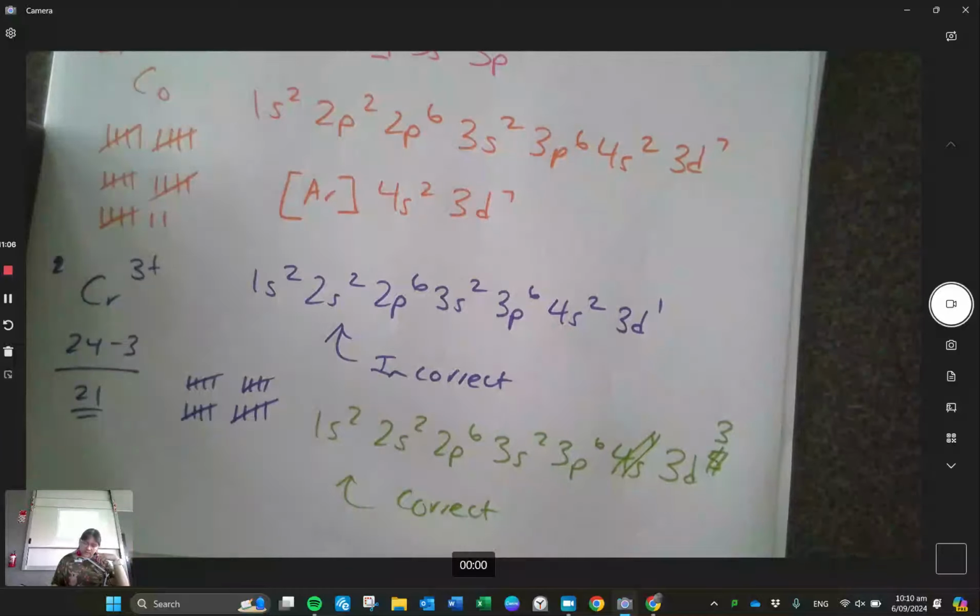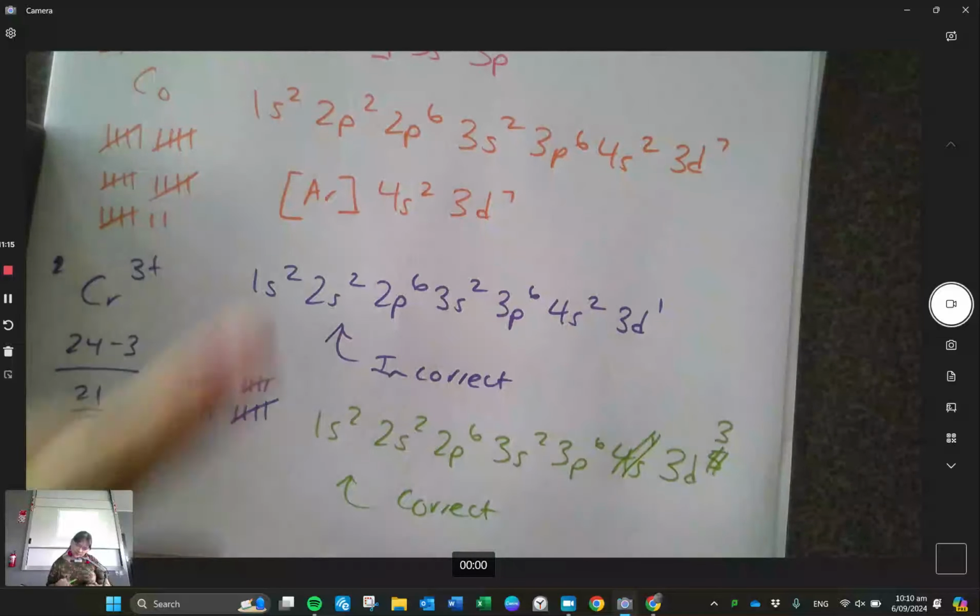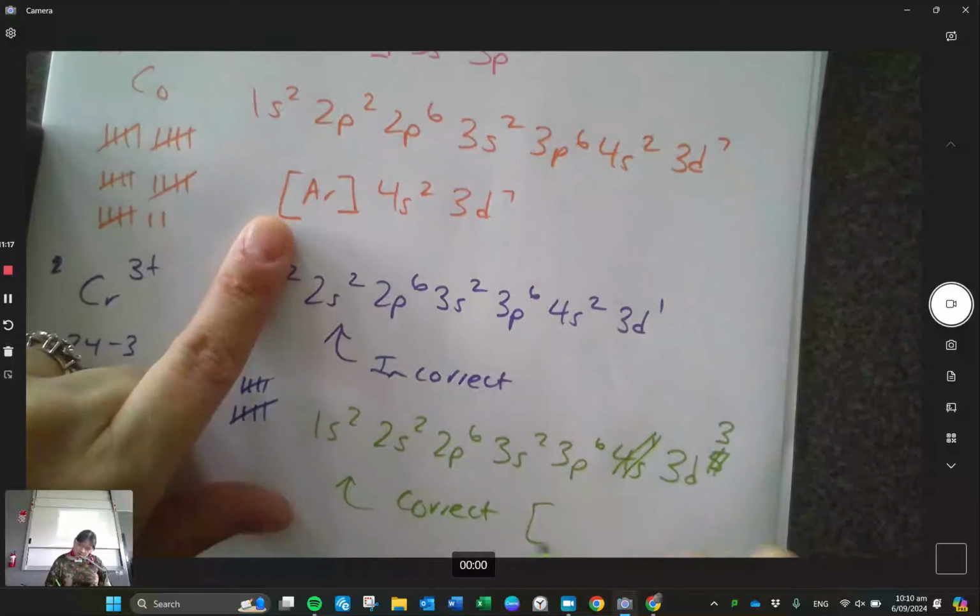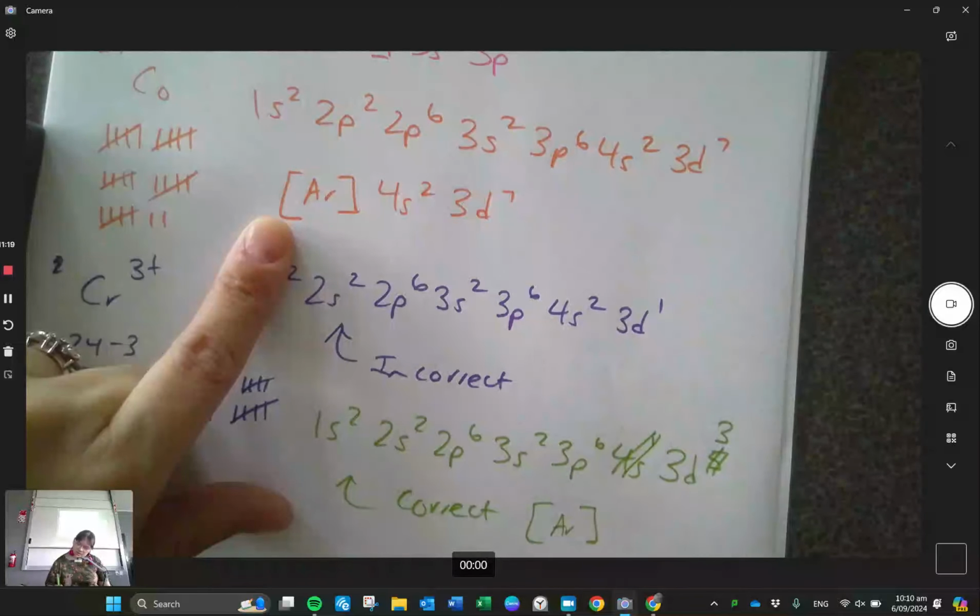What was something else I wanted to add? I'm trying to remember now. Oh yeah, if we wanted to shorthand this, you would have, again, argon, and then you would have 3d3.